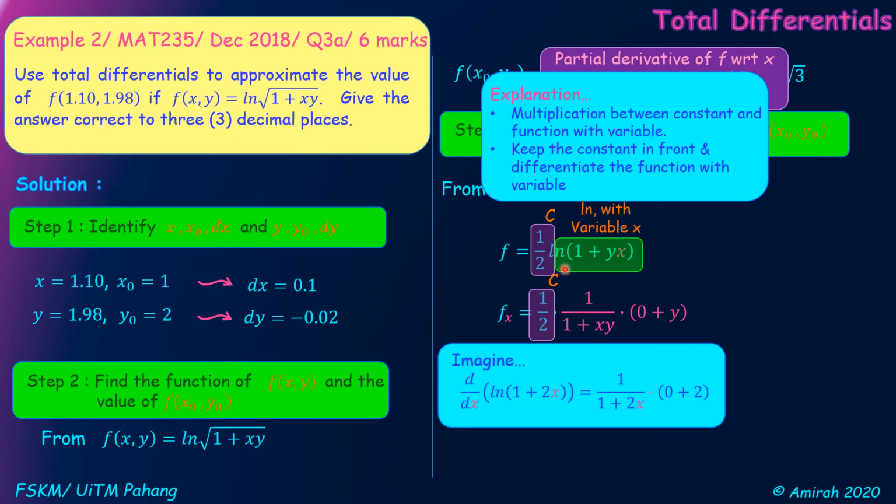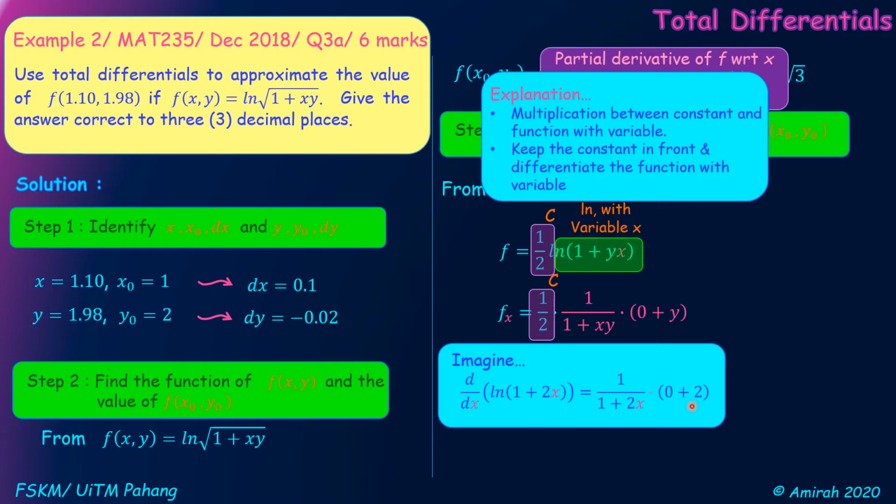To differentiate ln(1 plus yx), let's imagine we replace the constant y by 2, so we have 2x here. To differentiate ln(1 plus 2x) with respect to x, we get 1 over (1 plus 2x). After that, we need to multiply by the derivative of the expression inside the ln. We differentiate 1, which equals 0, plus we differentiate 2x, which equals 2.